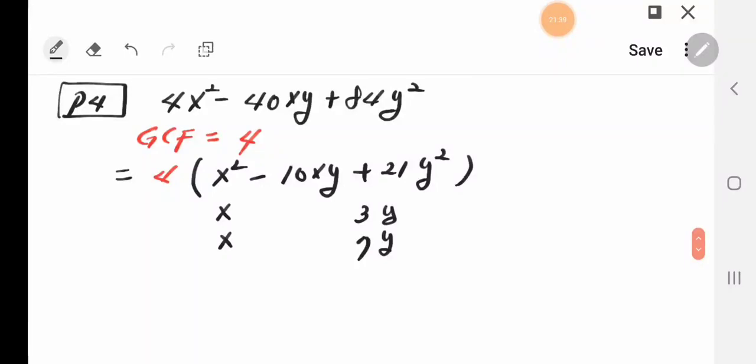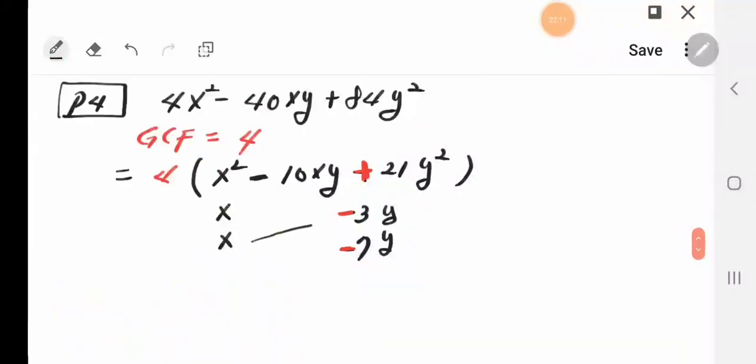And the result is positive, so we put both negative. Negative 3y times negative 7y is positive 21y squared. We always make sure the product is positive 21y squared, so we can put both negative.